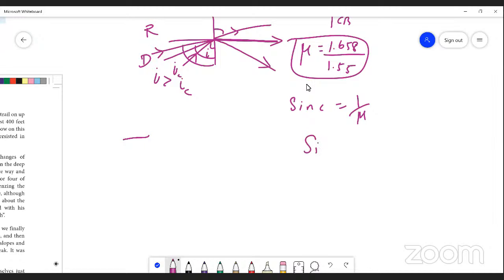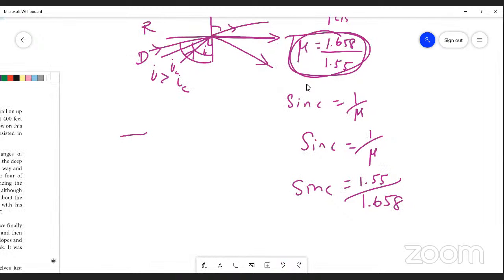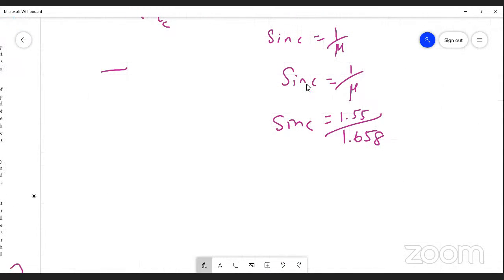The mu value is equal to 1.658 divided by 1.55, so 1 by mu is equal to 1.55 divided by 1.658. Sin C is equal to this. So what is C?